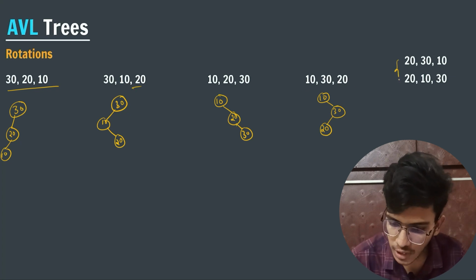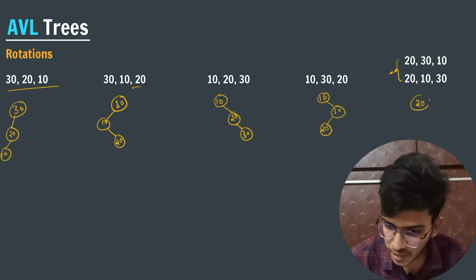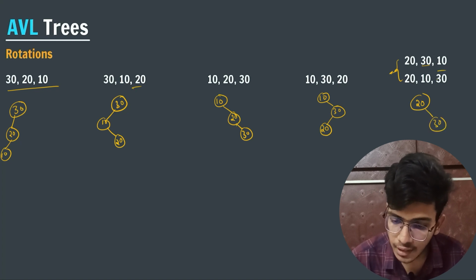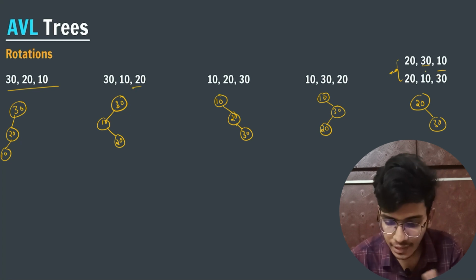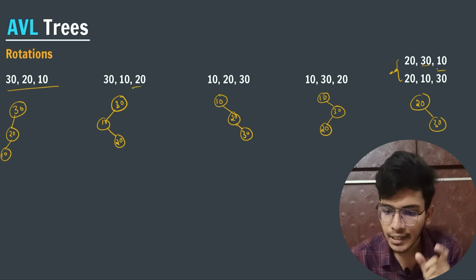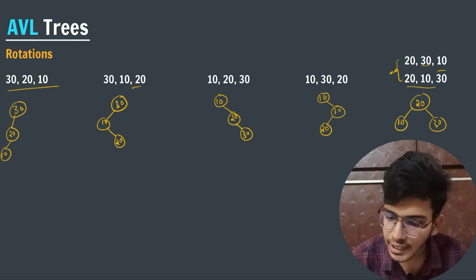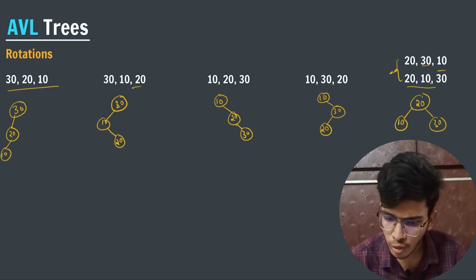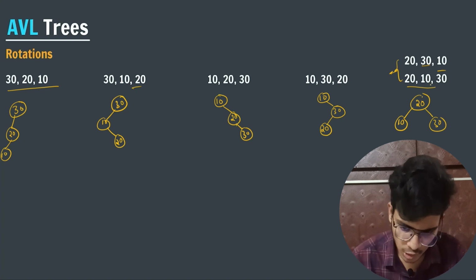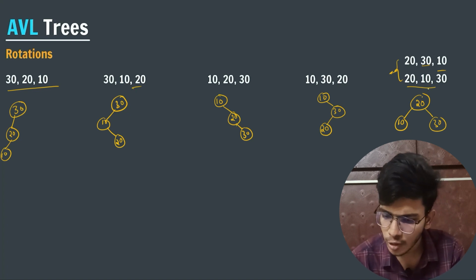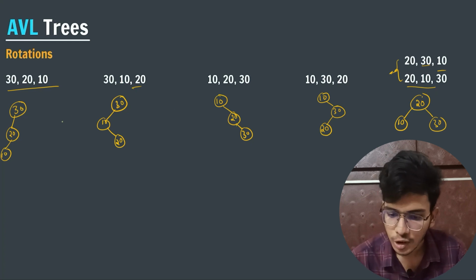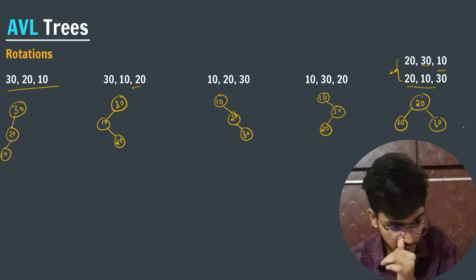And for the fifth type, 20 will become the root node, 10 is less than the root node, so it will come on the left side, and 30 is greater than 20, so it will come on the right side. These are the different structures I will get.